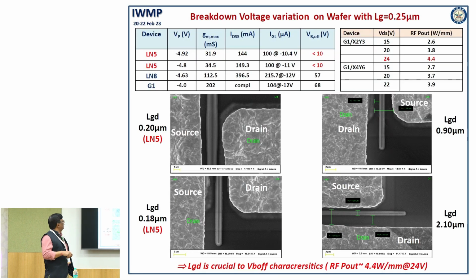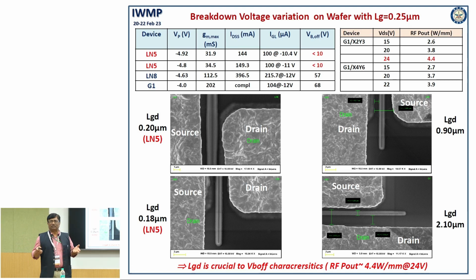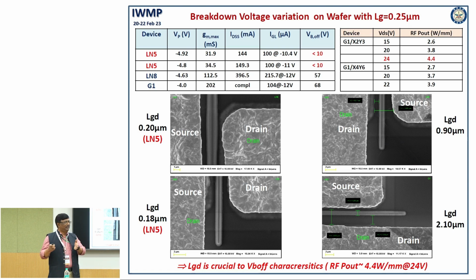And as I told you, gate placement becomes very critical. If you have very good dimensional control of the gate, but its placement between source and drain is not correct, you are going to lose on breakdown voltage of the device, because breakdown voltage is a function of the distance between gate and drain.